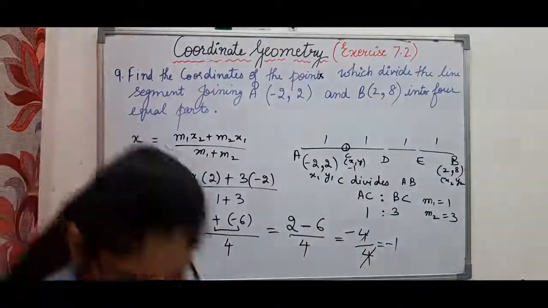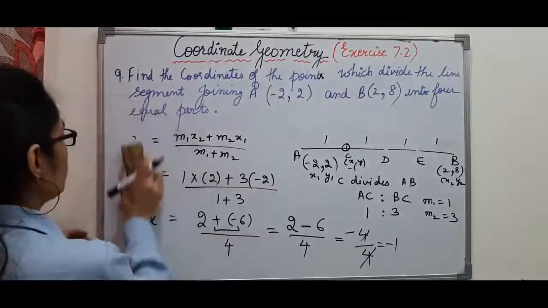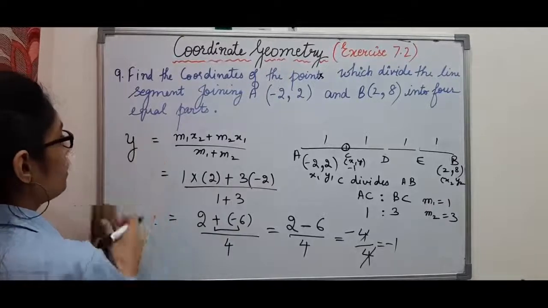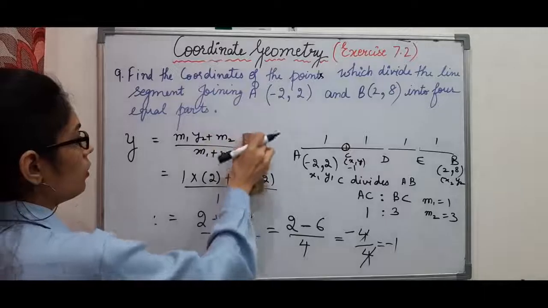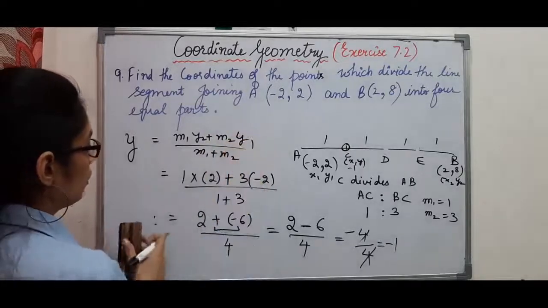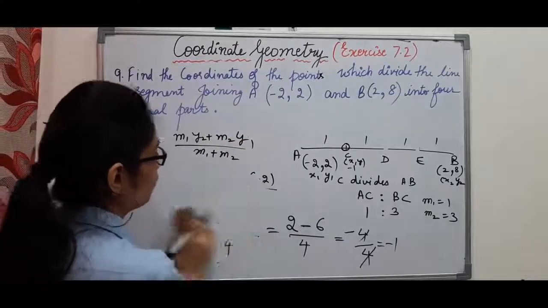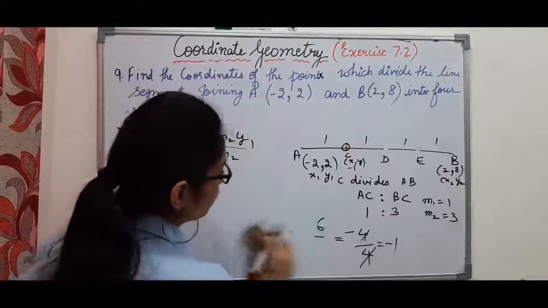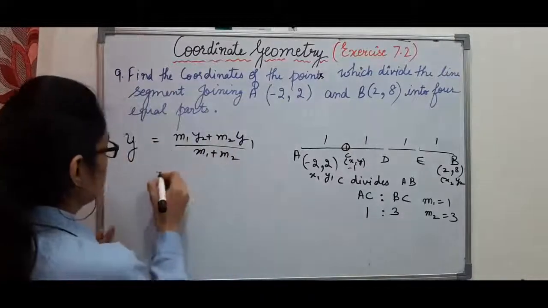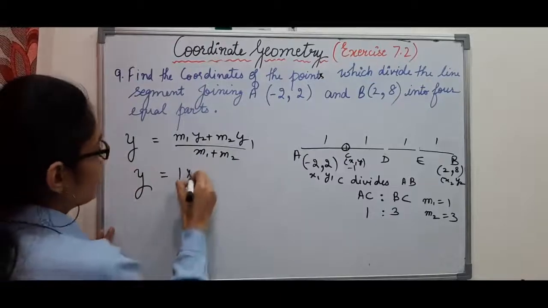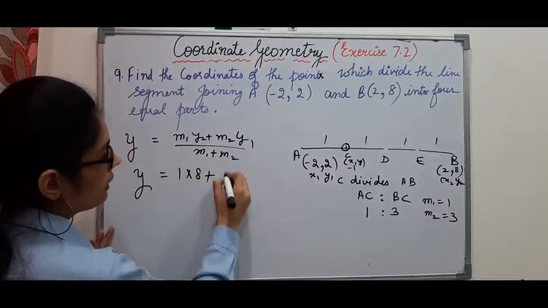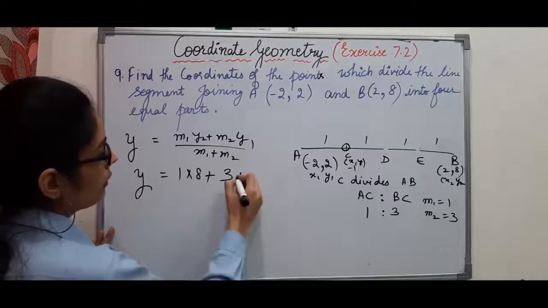Let's find the value of the y coordinate now. For y we just replace x2 and x1 with y2 and y1. Everything I have written, we just have to substitute the values. m1 is 1, y2 is 8, m2 is 3 and y1 is 2.